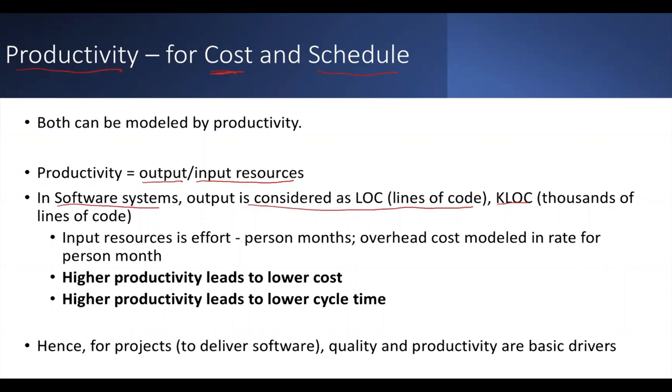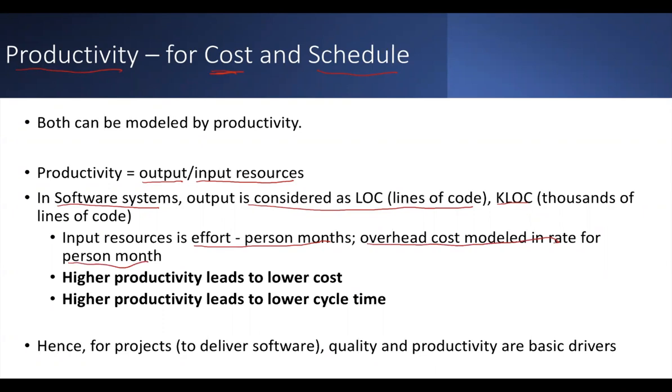We use KLOC for thousands of lines of code. And the input resources are defined by the effort per person per month, the overhead cost modeled in the rate for each person per month.